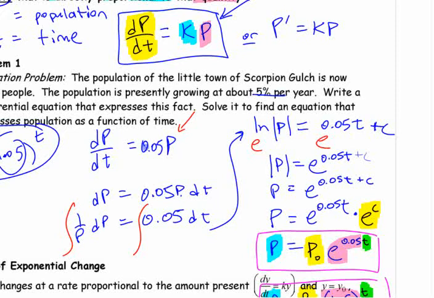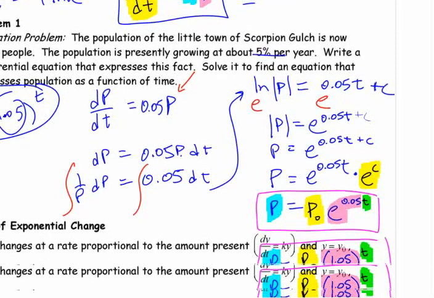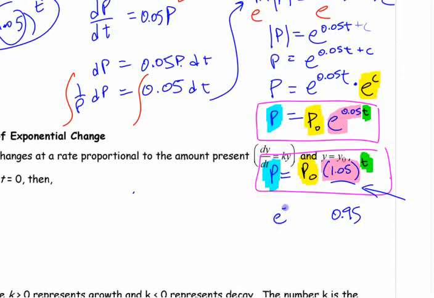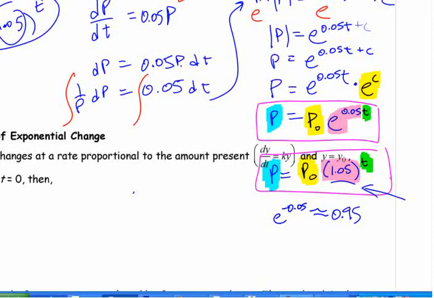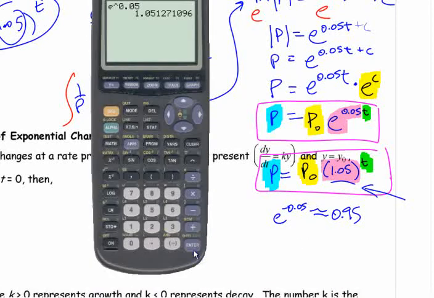Yeah, this would have been negative 0.05. If you try e to the negative 0.05, it's approximately equal to 0.95 if you check that. Okay, it's approximately equal to that.